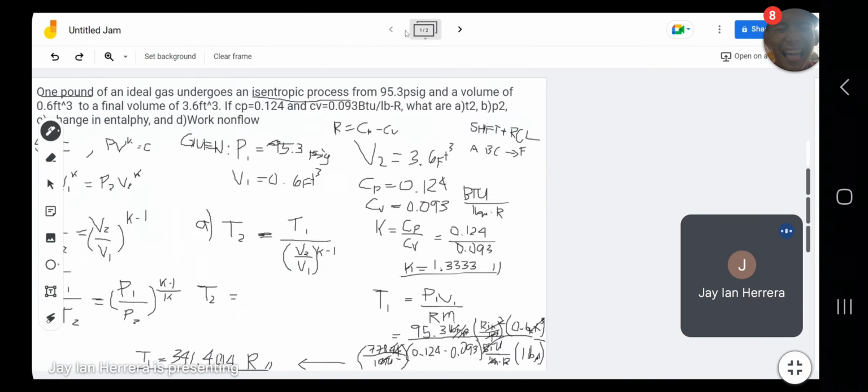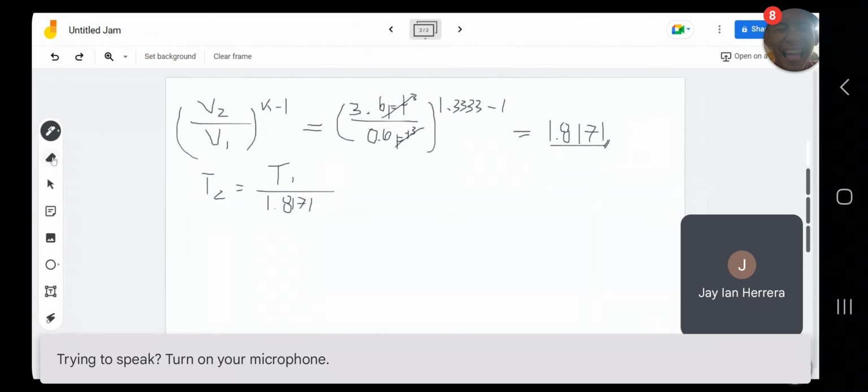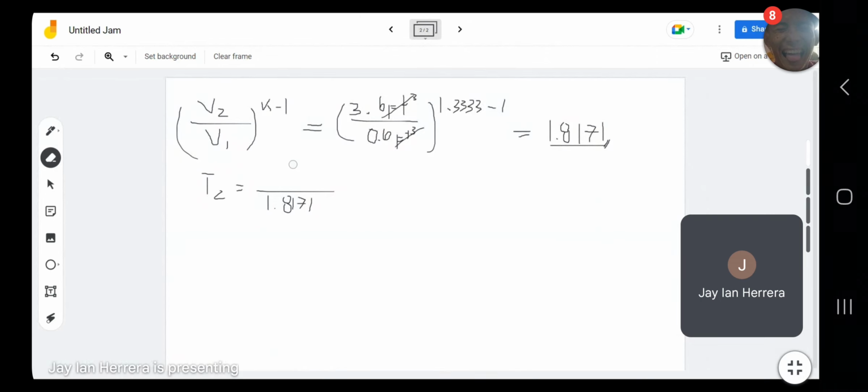So T1 natin 341.4014. Okay. So ilan si T2 natin?